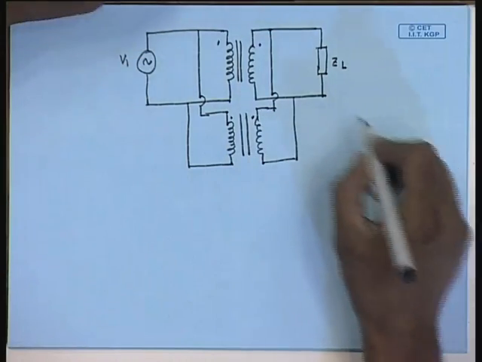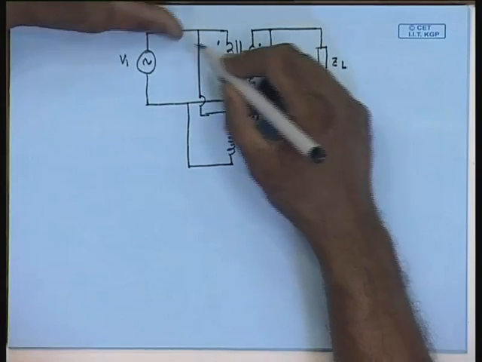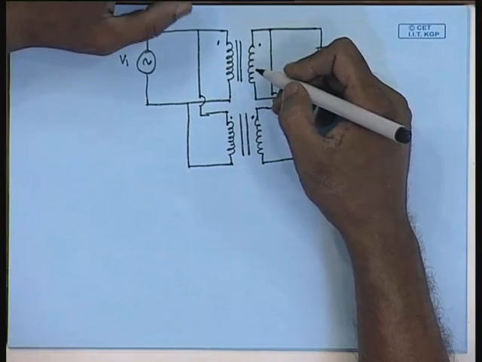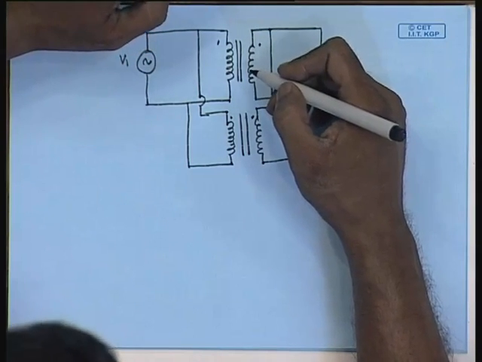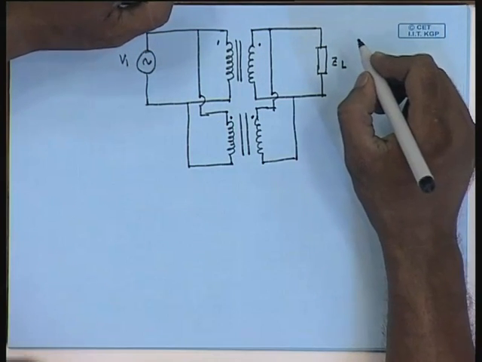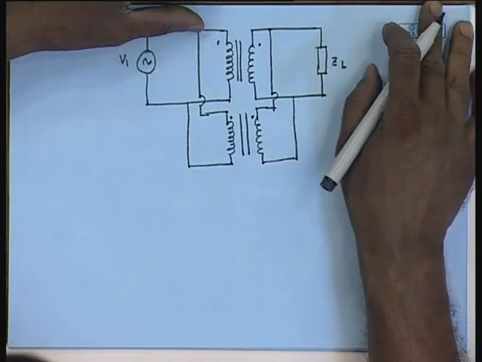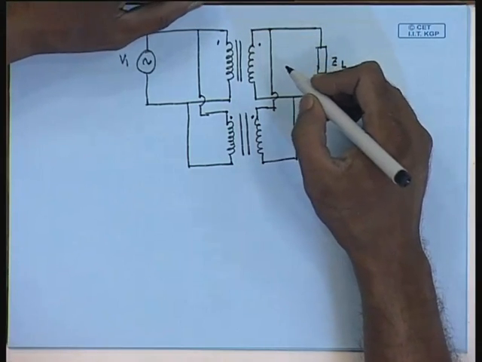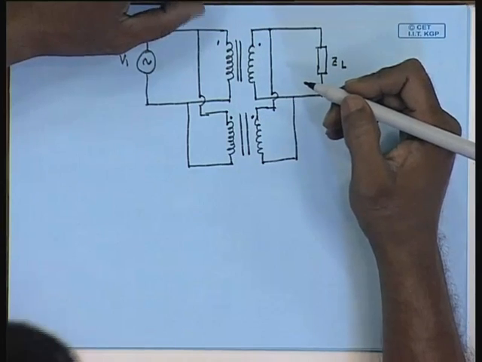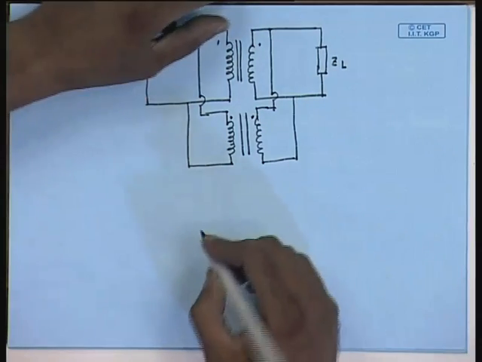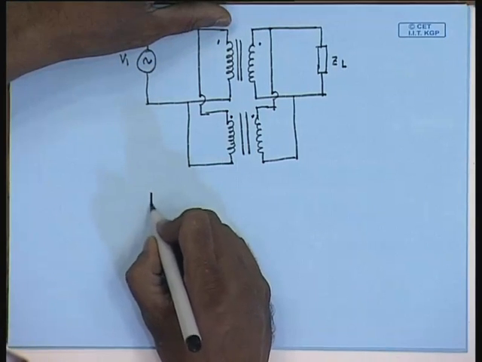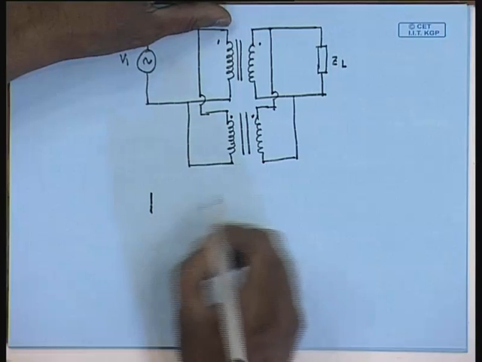Now, these two transformer primaries are connected to the same source, but their induced voltages are slightly different. That is because their turns ratios are not exactly the same. So, if we want to draw an equivalent circuit of this situation, then we must recognize that now this impedance will not exactly be connected in parallel, but for the first transformer we can still draw the equivalent circuit with respect to the load side.